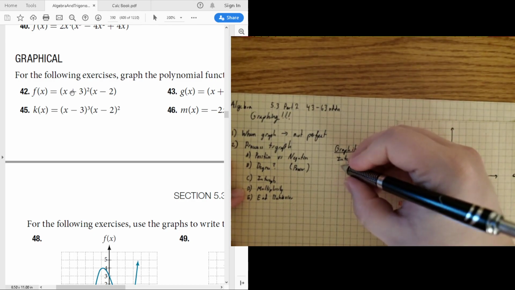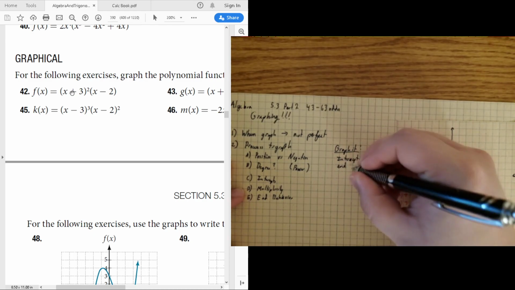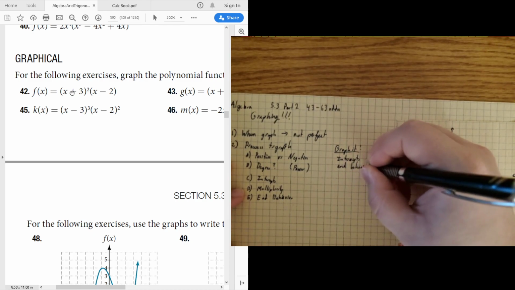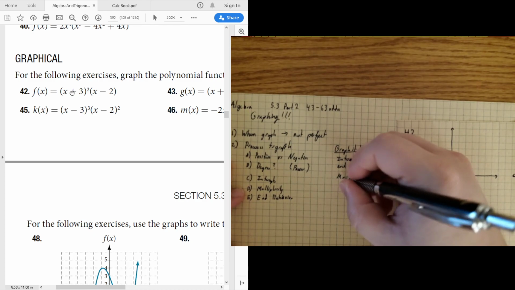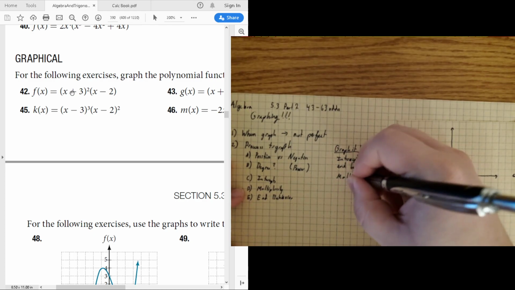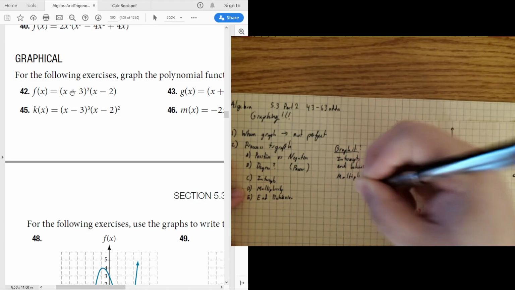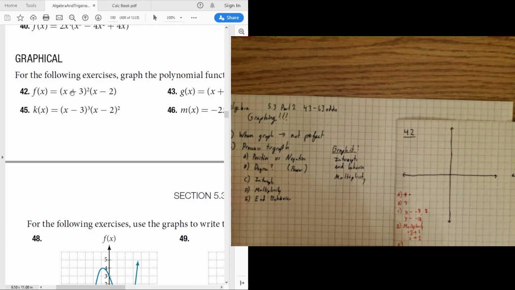Then I want to graph end behavior. Then I want to graph multiplicity. And you notice that I've skipped out on degree. Well, degree helps me graph end behavior. Notice I skipped out on positive and negative. Well, positive and negative helps me graph end behavior.